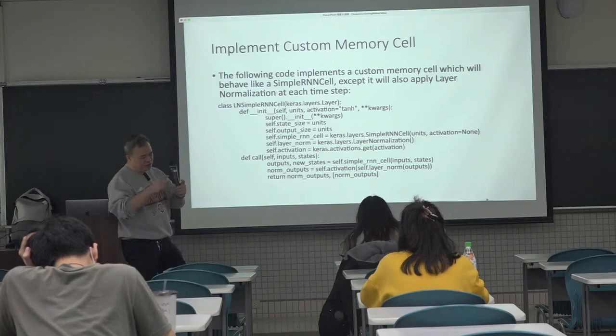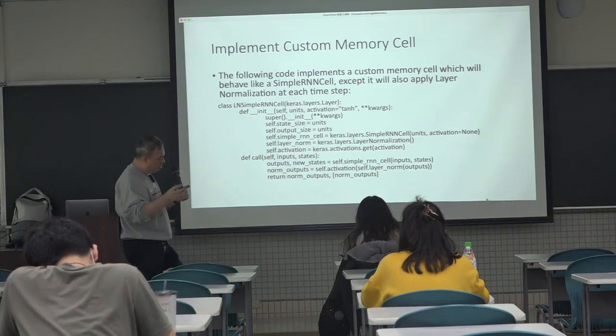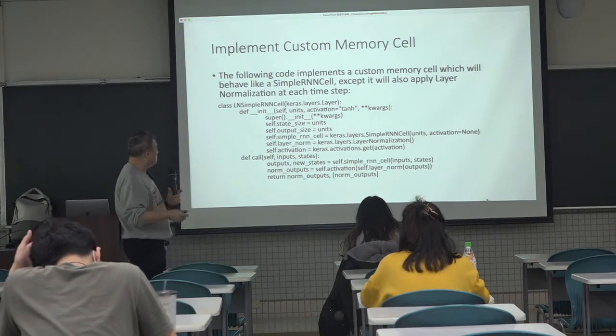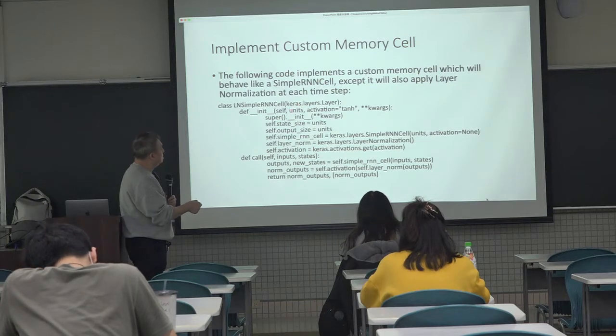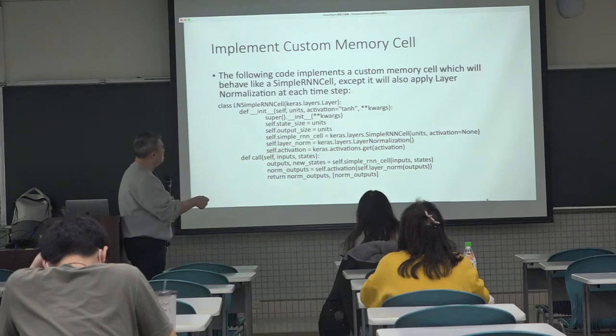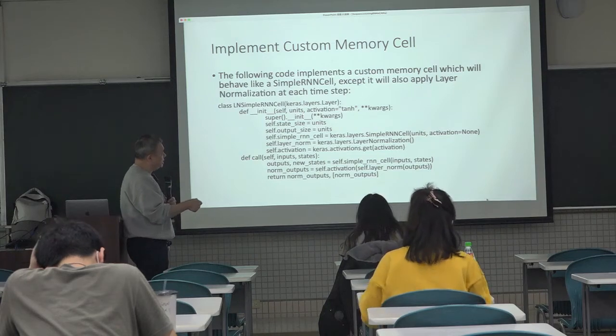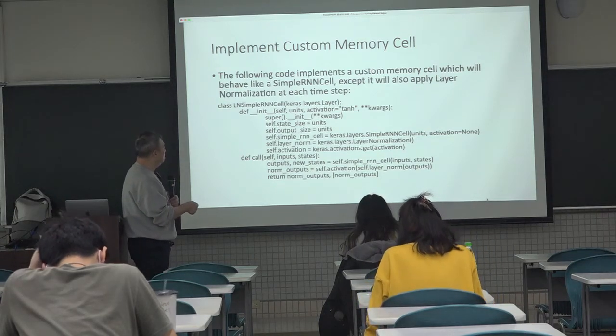You cannot just create a cell with layer normalization in it, because layer normalization is done by layer, so you have to create it as a layer. You could create multiple RNN unit cells in this layer, and the activation function by default is set to hyperbolic tangent.